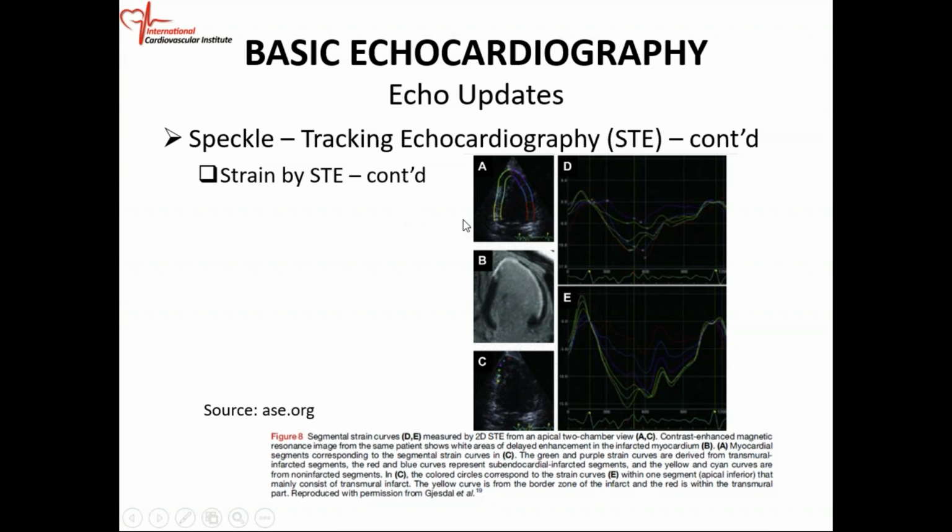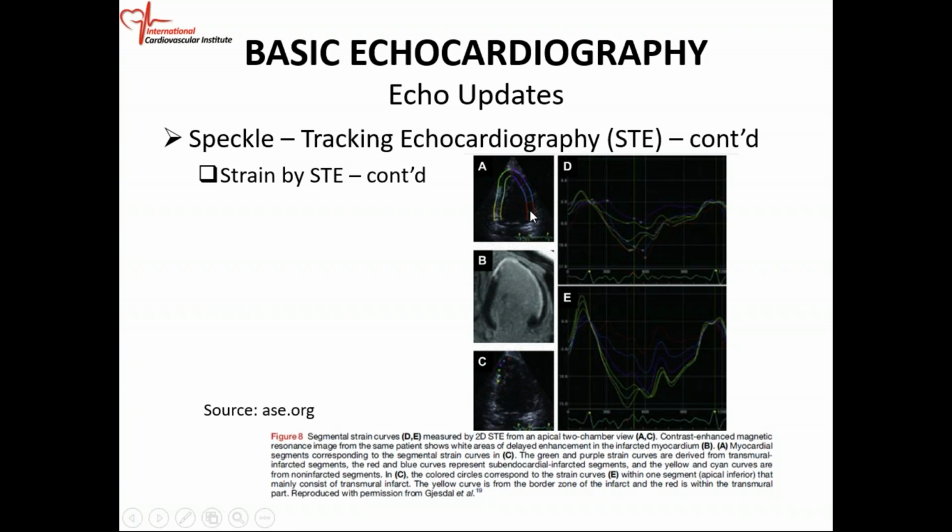Again, you're familiar with this image. This is your two chamber view, and you have your inferior wall and the anterior wall, and the different segments. All you do is choose what segment you want to look at.